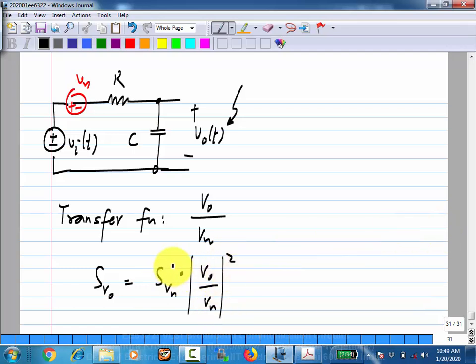Of course, this is a function of frequency, this also will be a function of frequency. And integrating this from 0 to infinity, assuming we are using single-sided spectral densities, will give us the variance of the output noise.